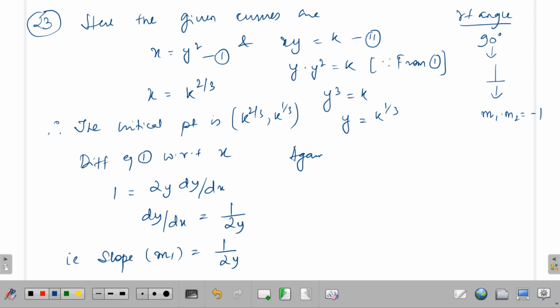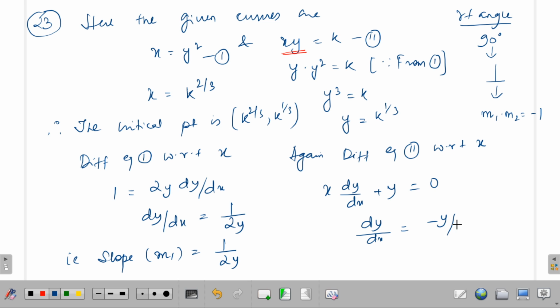Again, differentiating equation 2 with respect to x, I have xy, so I use the product rule: x dy/dx + y = 0, since k is constant. So dy/dx is -y/x. That is the slope m2 = -y/x.